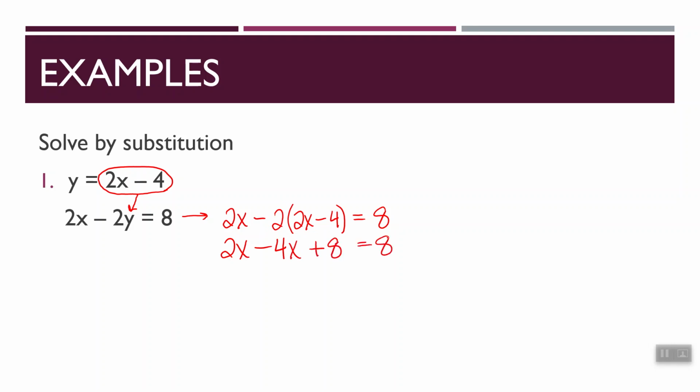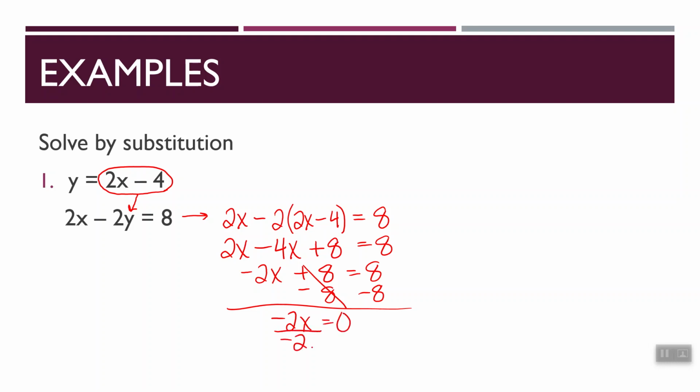Be careful there, watch your signs. 2x minus 4x is negative 2x. Now I'm going to subtract 8 from both sides. We get negative 2x equals 0, dividing by negative 2. X equals 0. So the ordered pair where these two lines intersect has a 0 in the x-coordinate.